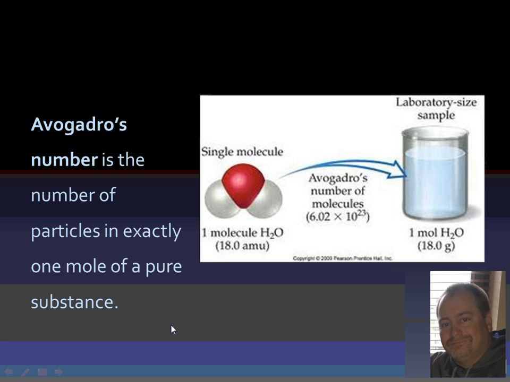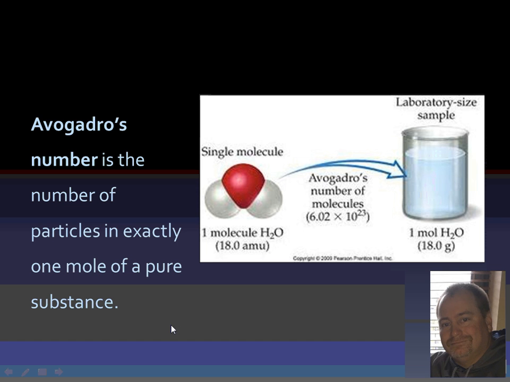So what if I would take the mass of 2 hydrogens and then add to that the mass of one oxygen, and I'm going to get the number 18.01528 AMU, atomic mass units.